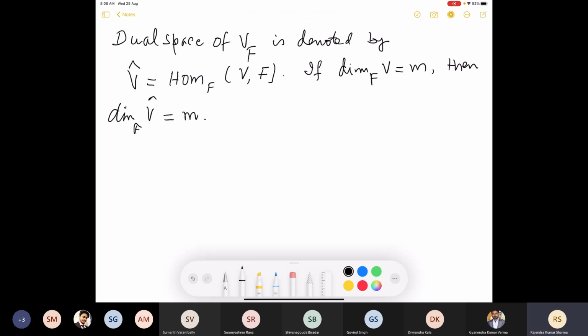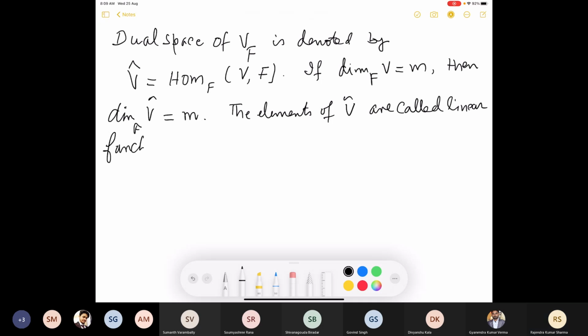We in fact proved more, as the basis also we had obtained for V hat. One more thing is that the elements of V hat are called linear functionals.